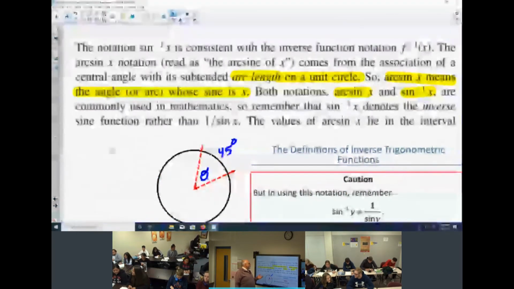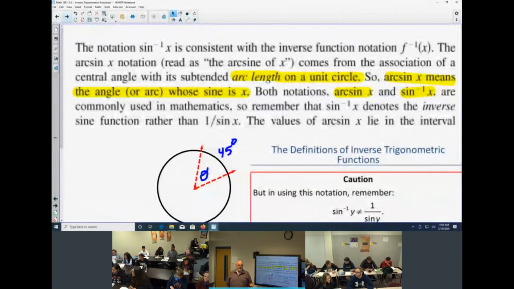Now, the reason why it's called the arc sine is because back in the day, the way that we used to teach trig was not so much with where you first learned it with SOHCAHTOA and right triangles. We learned everything, all the trig, based on circles and central angles and arc lengths.